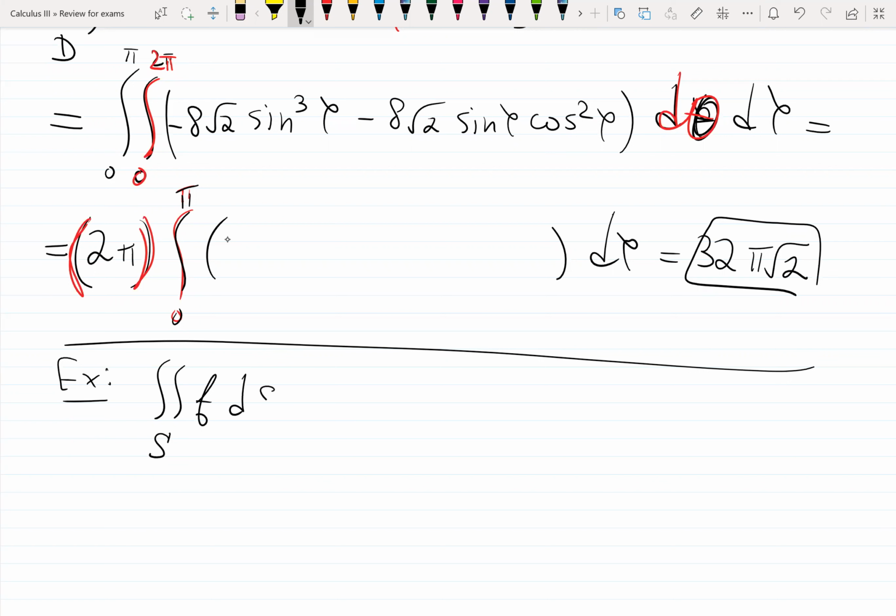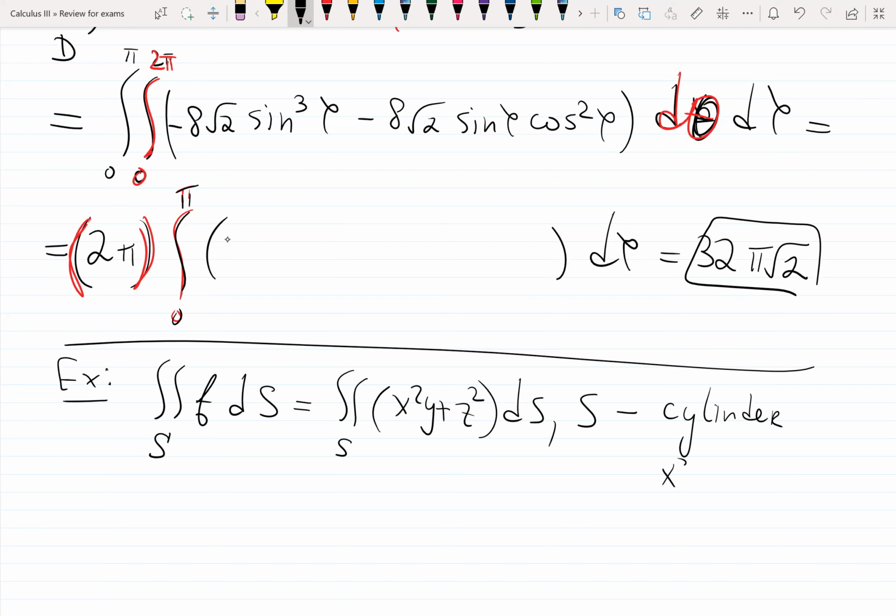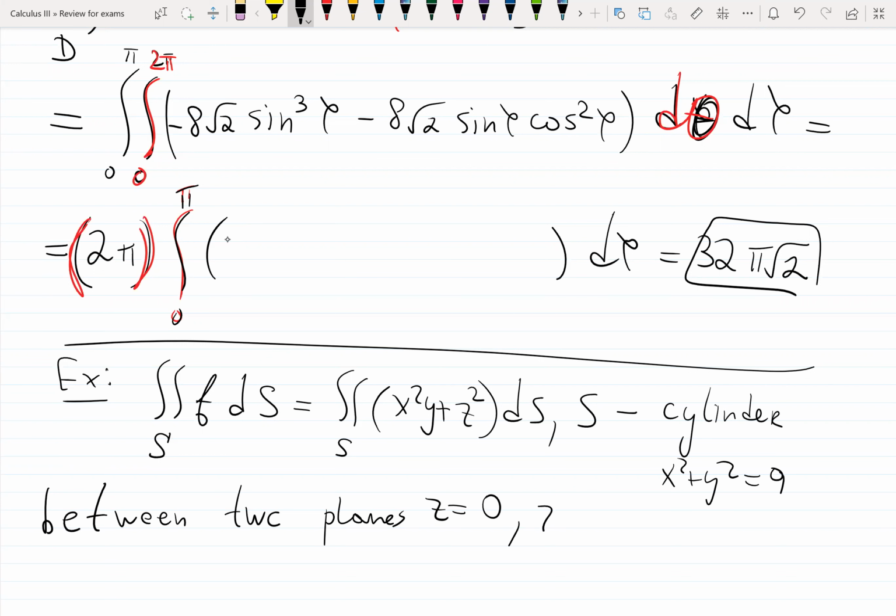So if they gave you x squared y plus z squared ds, S is a cylinder, x squared plus y squared equals 9, between two planes. Yes, I remember this problem. Between two planes, z equals 0 and z equals 4.